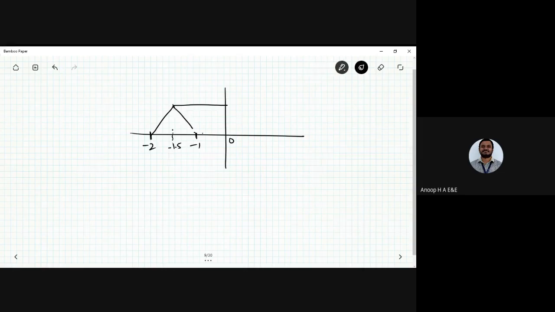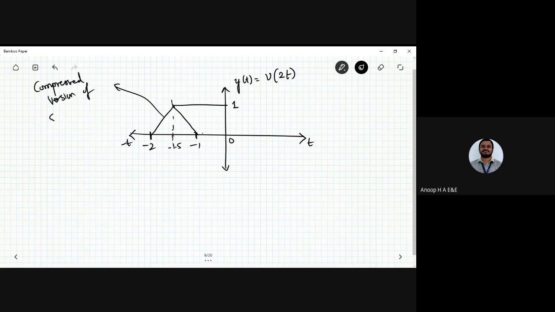So that is what you mean by y of t, that is v of 2t. So this is 1. Hope you got it, what I've written here. So this is said to be the compressed version of the signal which is v of t, that is x of t plus 3.